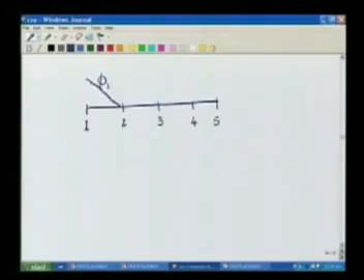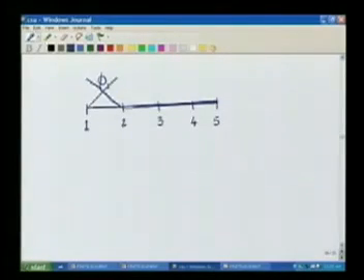This is phi 1, which extends to 0 everywhere else. This will be phi 2, which will extend to 0 everywhere else. Similarly, phi 3 will be 0 here, 1 here.